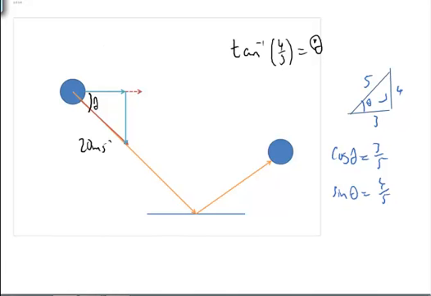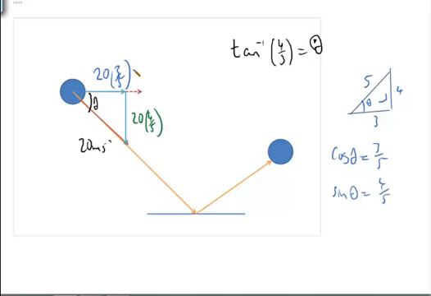First one here, I'll do it in blue. This here is the adjacent component of theta. We know the hypotenuse is 20, so this is going to be 20 cos theta. But we know cos theta is 3/5, so it's 20 multiplied by 3/5. The y component, I'll do it in green here, is the opposite component, so it's going to be 20 hypotenuse multiplied by the sine of theta, which is 4/5.